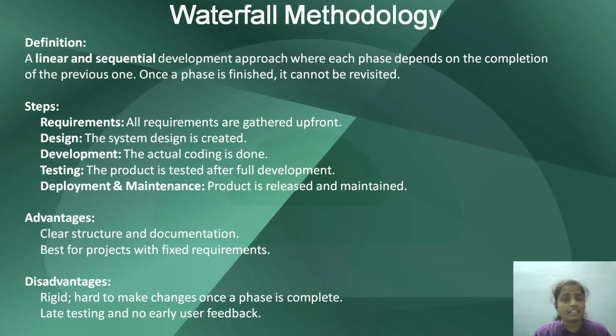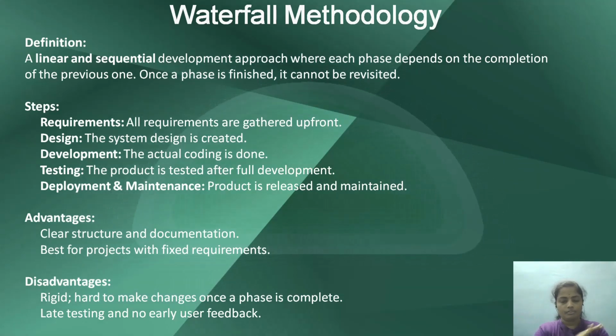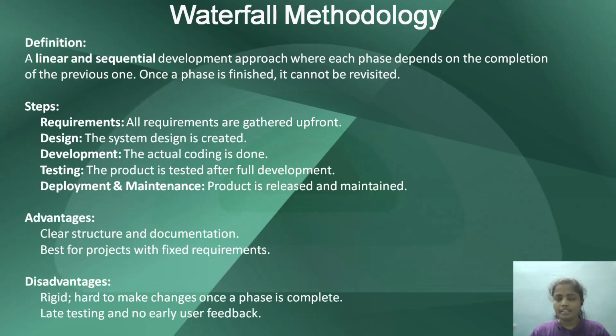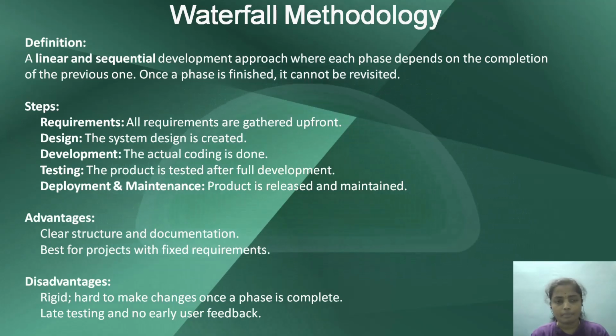First is requirements gathering. So all the requirements are gathered upfront. Frozen. Requirements are frozen, done, and sealed. Next is design. Based on the requirements, we are preparing the system design, then the modular design. Once the design is done, we will get into the actual coding and complete all the development practices and complete the development stage.